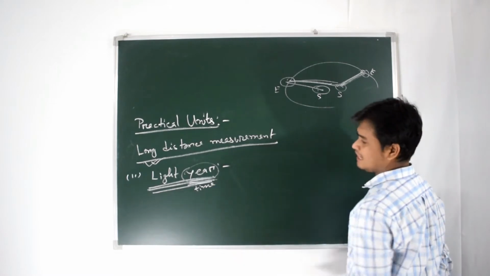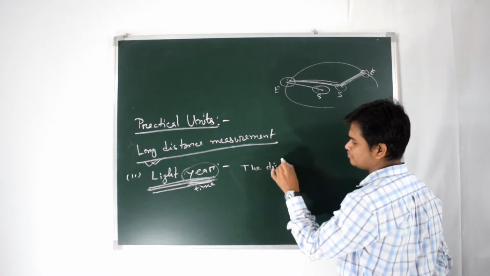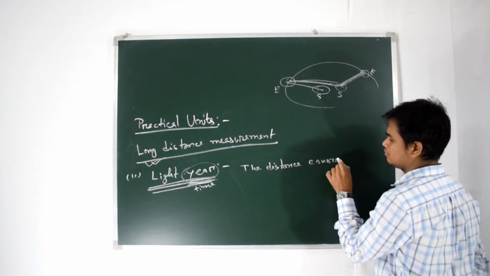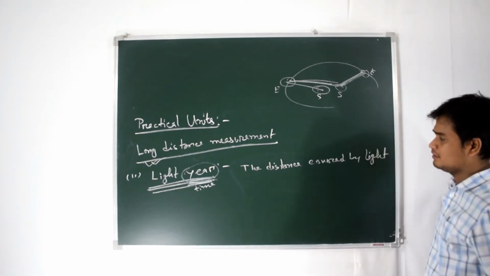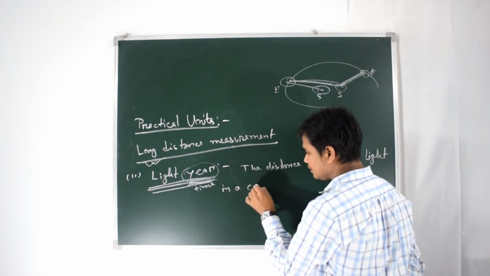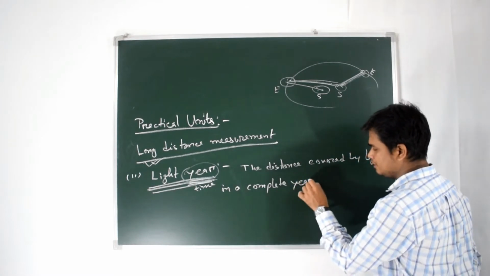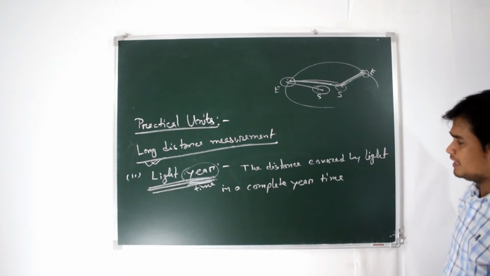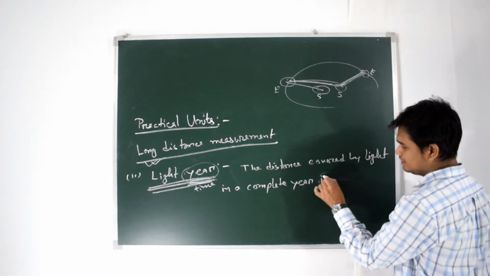Okay, what is light year? Light year is the distance covered by light in a complete year.